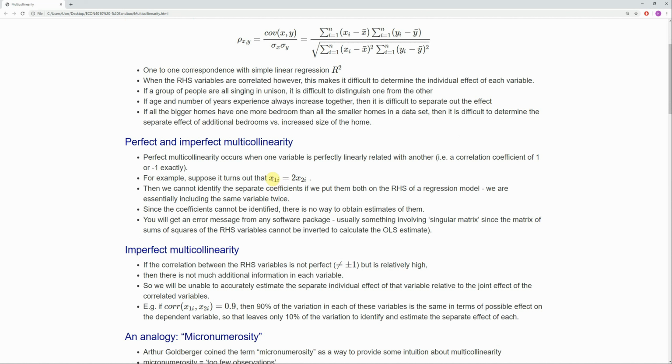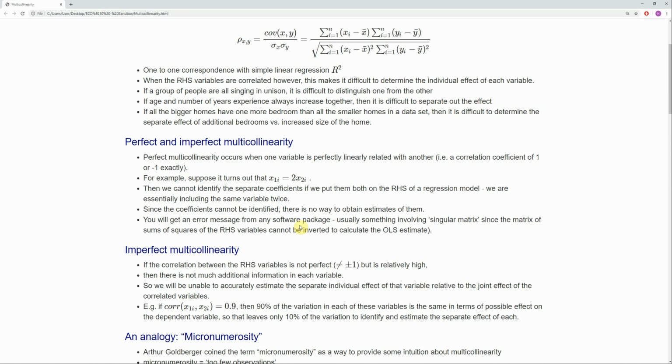For instance, if x1 is equal to 2 times x2, then those two vectors are perfectly correlated. Depending on the application you use, if you want to run a linear regression with right-hand side variables that are perfectly correlated, you will get an error or something similar. We will see what's going to happen in R when we do something like that.